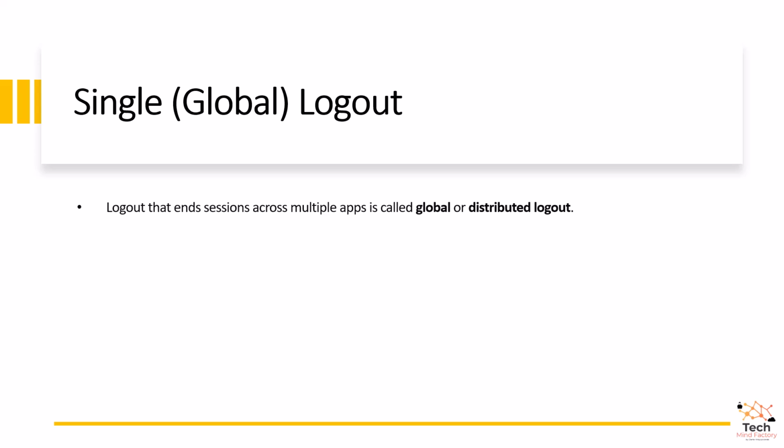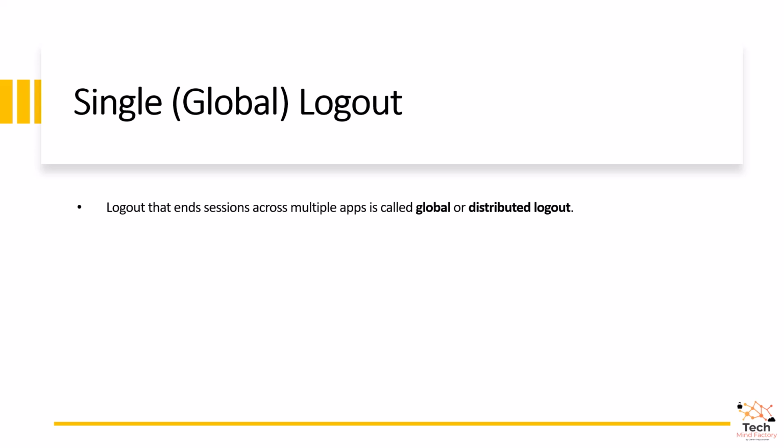However, think about the scenarios where, let's say, you authenticated and accessed the same application on different devices or different browsers. And once you finish the session in one application on one device, you would like to log out from all the applications on each device where you authenticated, yes?